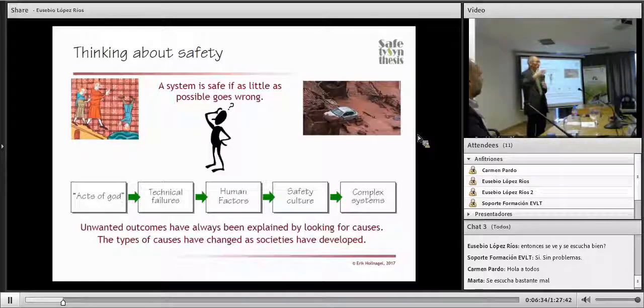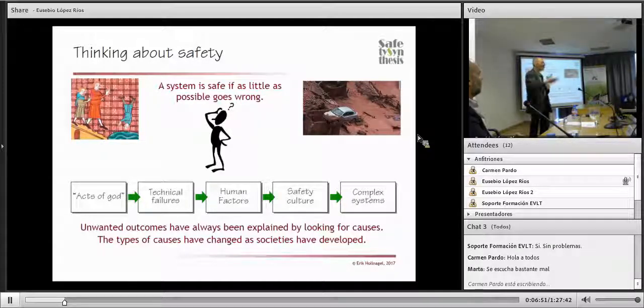As we became more, I wouldn't say civilized, but more technologically advanced, we started to build systems, bridges and houses and ships, and invented the wheel, machines, the steam engine and trains and so on.